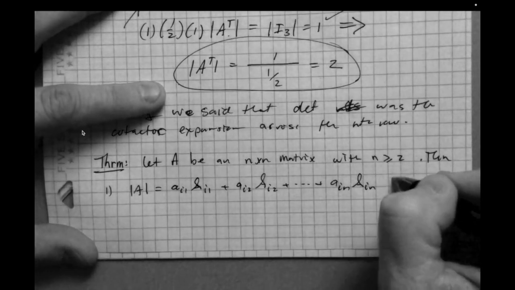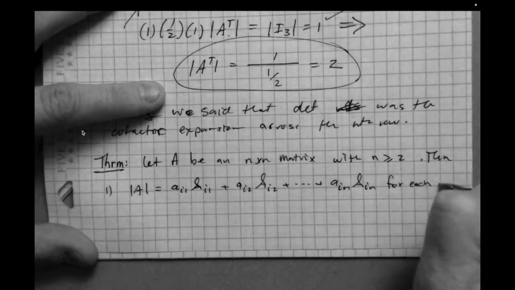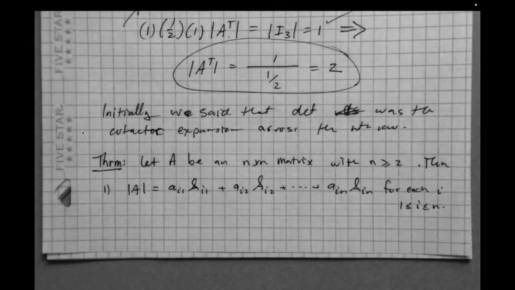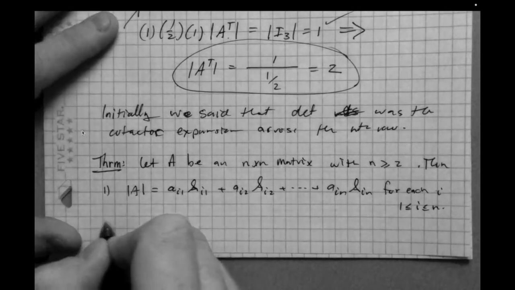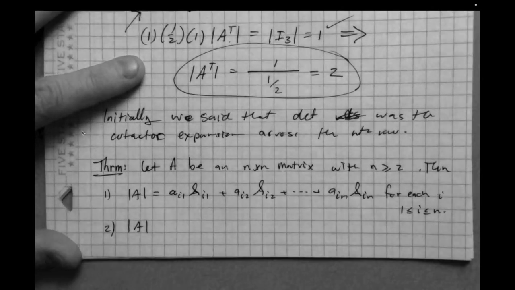Okay, and this is for each i, 1 less than or equal to i less than or equal to n, right? So you fix i, choose whichever row you like, do a cofactor expansion across it, and you have the determinant. And what this basically says is that it doesn't matter which one you choose. You get the same answer for all of them, which is kind of remarkable. It's also true, you can do the same thing across the columns.